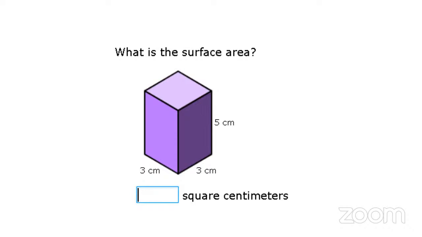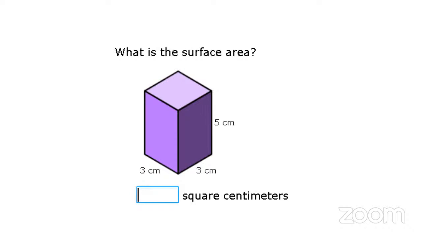Now remember that a cube has all square faces. And while two of these faces are square faces, we have rectangular faces too. So this is not a cube, but instead it's a cuboid. A cube has all square faces. That means all the 6 faces in a cube are the same size, like a dice, okay?